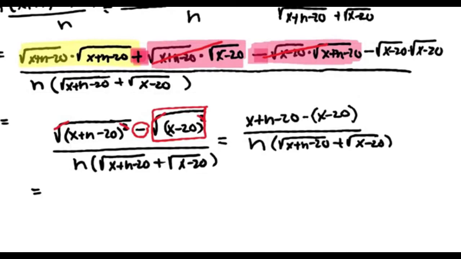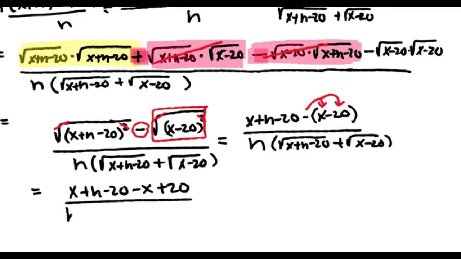So now that the radicals are gone in the numerator, we're going to use distributive property to get rid of these parentheses. That's x plus h minus 20 minus x plus 20. We're leaving that denominator alone again. Square root of x plus h minus 20 plus square root of x minus 20.